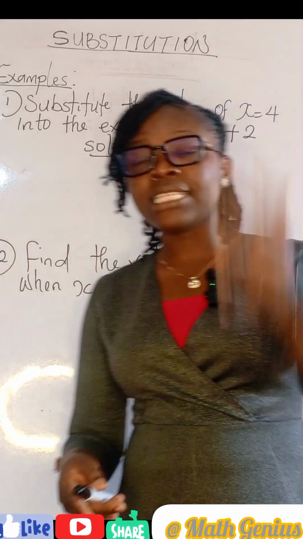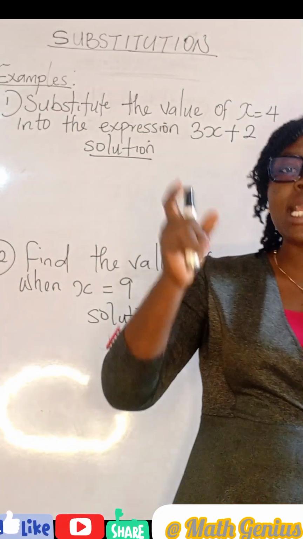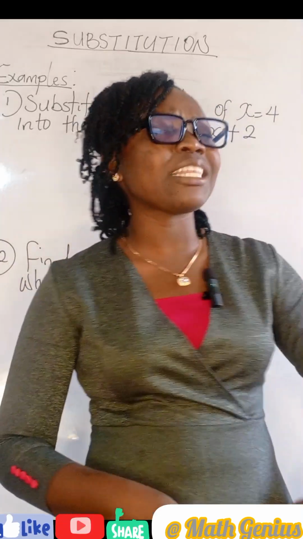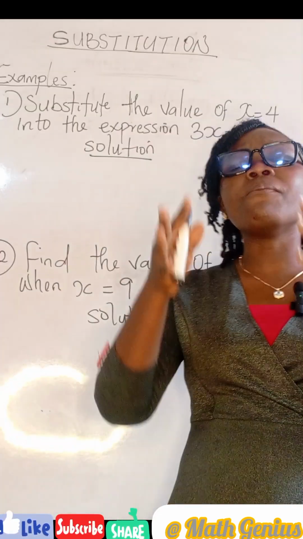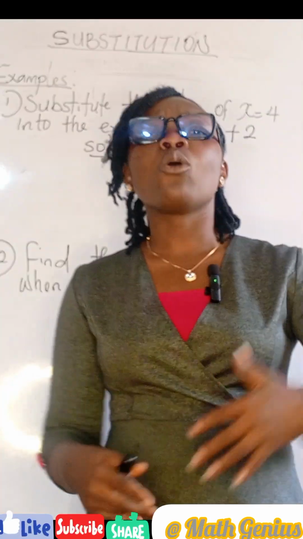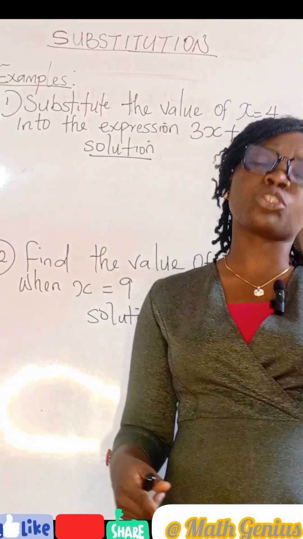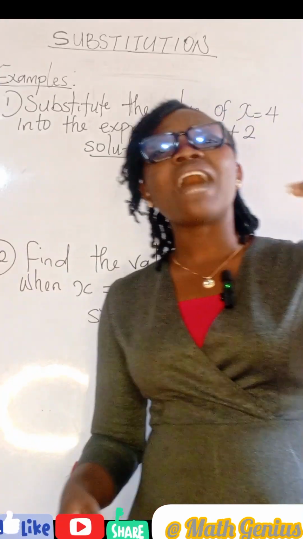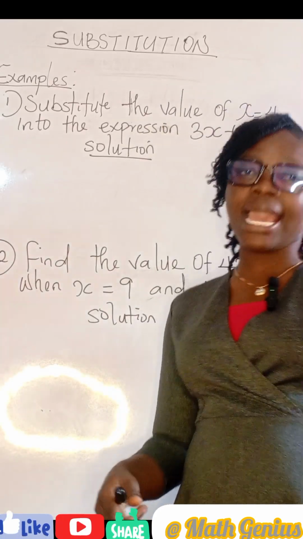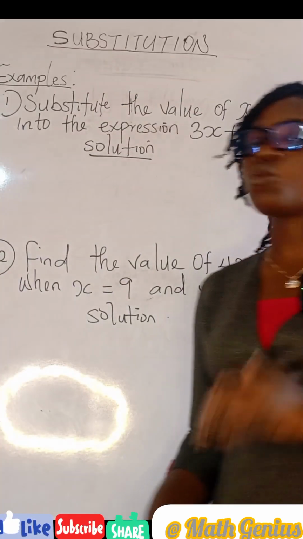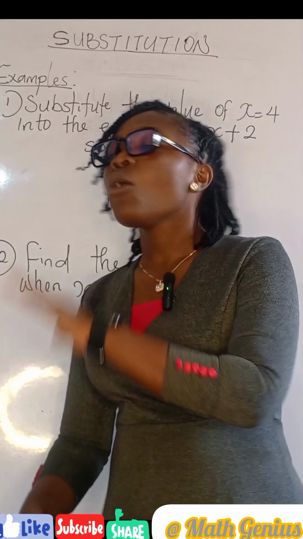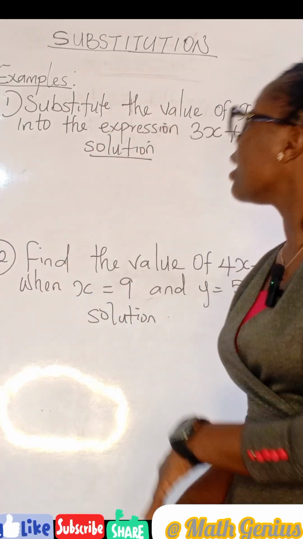They could be X, Y, M, P, N, whatever it is. And these variables stand for specific values. So when we talk about substitution, what we are saying is that we are replacing this variable, say X, by a particular value, say 5. So we have some questions which we will use to practicalize what we are talking about today.